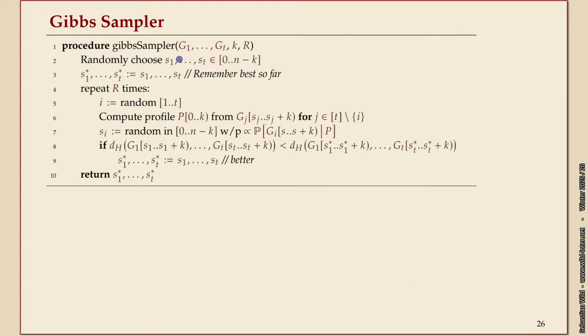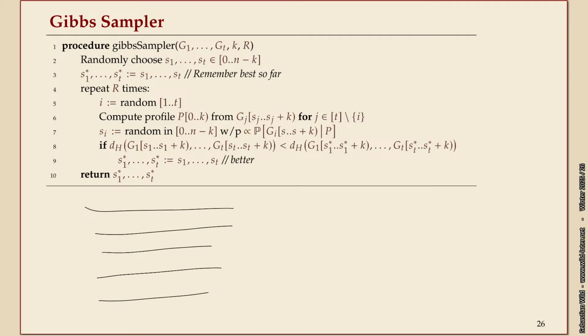You also start with a random initial choice. Here it's formulated to repeat a specific number of times because this is not necessarily reaching an optimum. It keeps trying. And this time we're just replacing one of the red collections. So we have our current selection of substrings. Then we're randomly selecting one of them, this one. And now we're going to get rid of the old one and choose a new one for that, but just for this single one.